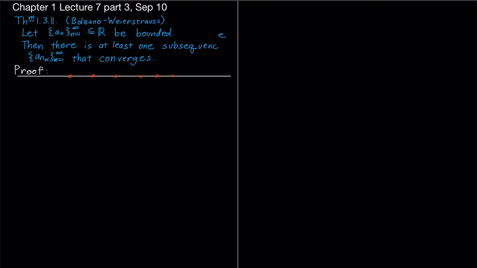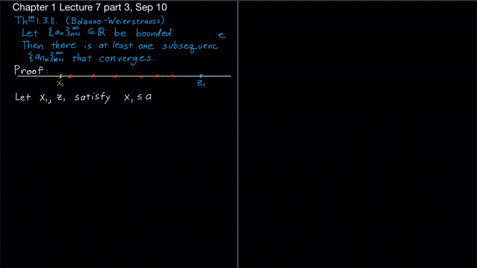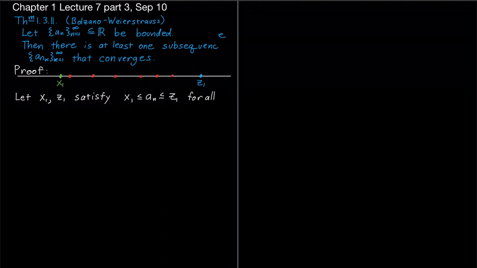Let's say there's a_k. This is bounded, so it's got a lower bound x_1 and an upper bound z_1. So we let x_1 and z_1 satisfy x_1 ≤ a_n ≤ z_1 for all n.